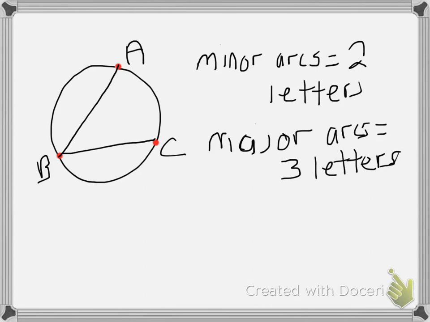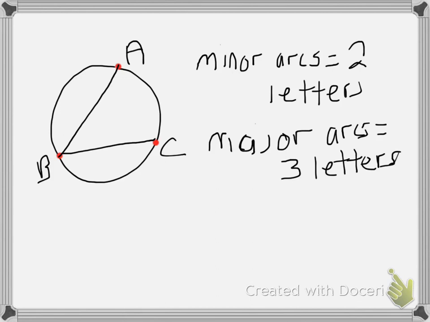Just a little bit about arc naming conventions. You'll see that we talk a little bit in the second part of your notes today about this. A major arc basically contains 3 letters.